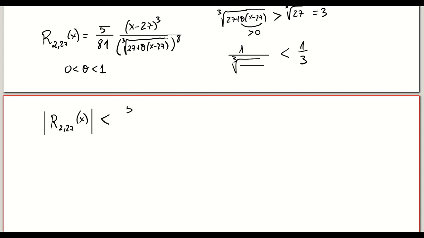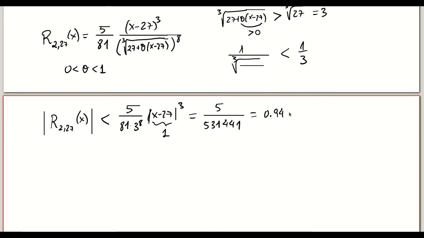So our upper bound is 5 over 81 times 3 to the 8th times the absolute value of (x minus 27) cubed. Okay, so this number here is 1, of course, and this number here is 531,441, which is approximately 0.9408 times 10 to the minus 5, which is approximately 10 to the minus 4.